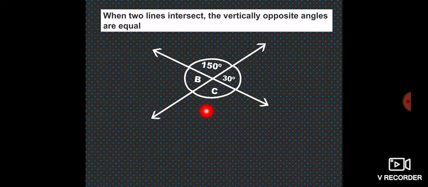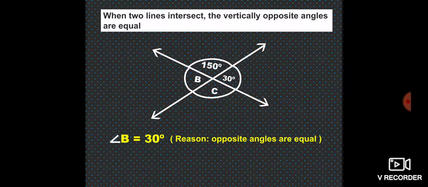Here we know 30 degree, opposite angle is B. So what is the measurement of B? 30 degree, same measurement, because vertically opposite angles are equal. Just like here 150. Vertically opposite of 150 is angle C. These are same measurement, that is angle C equal to 150 degree.